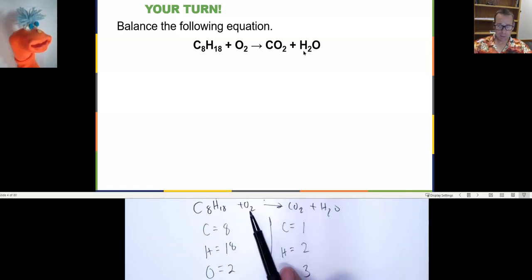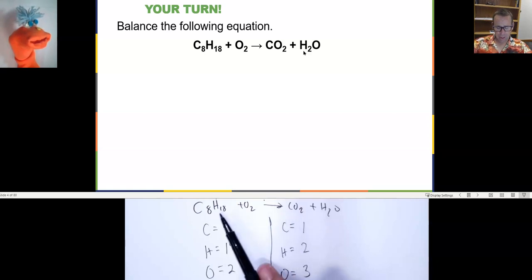If I have everything else balanced, it'll be easy to balance that because I just change one number and it just changes one element. So I'm going to save that for last. And if you don't remember that, that's okay. It's not a big deal. You'll realize it as you do lots of practice.